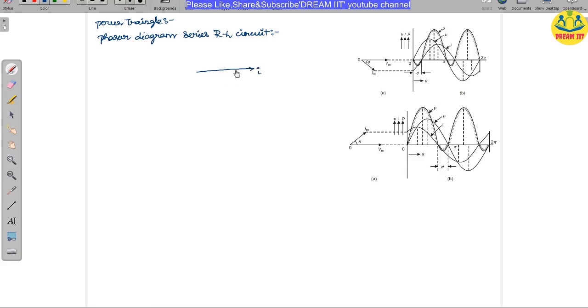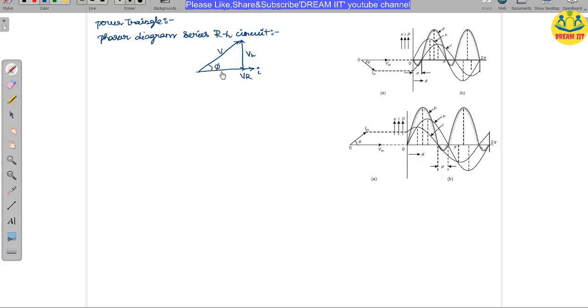VR is in phase with the current vector, and VL is leading. This is the total voltage.